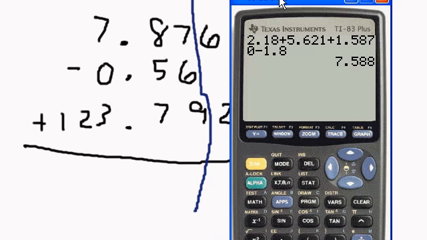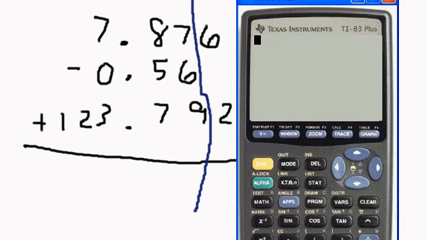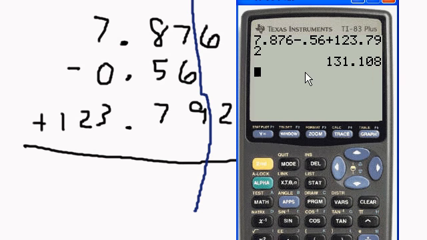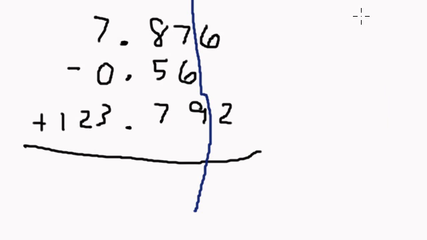So we have 7.876 minus 0.56 plus 123.792, and that gives me 131.108.